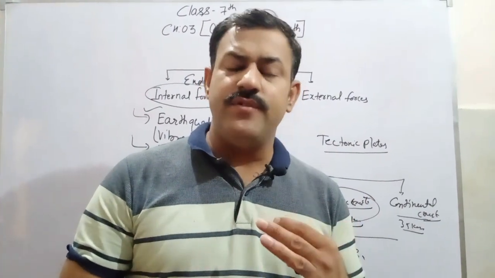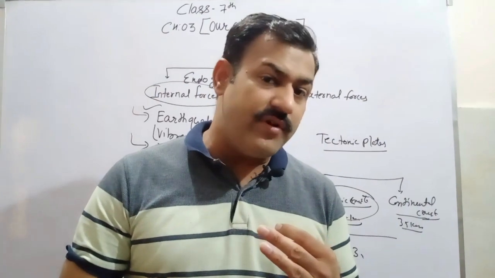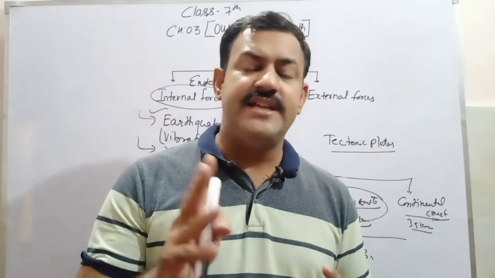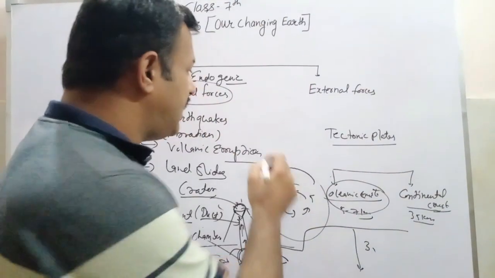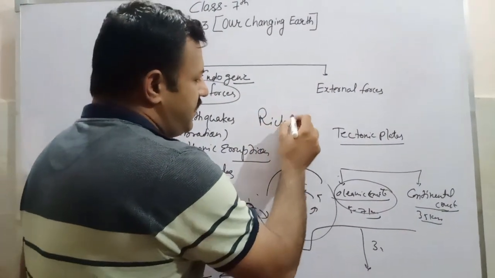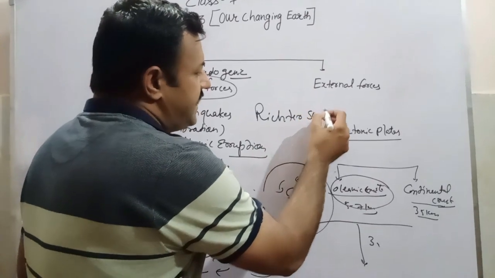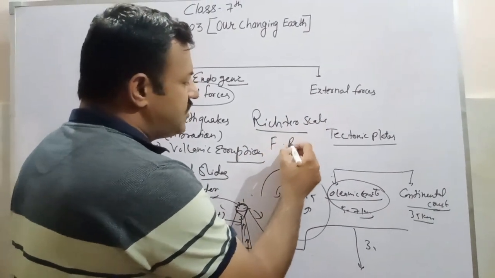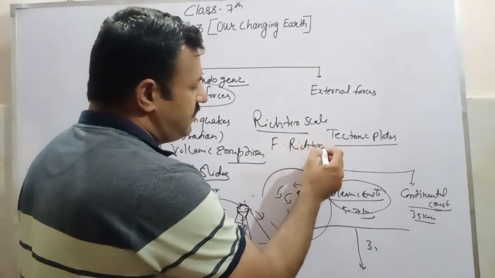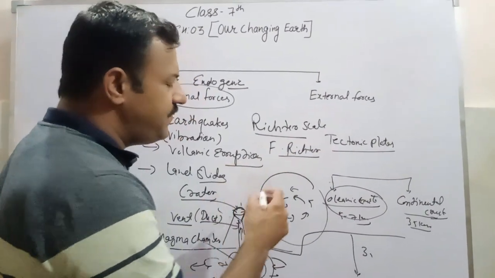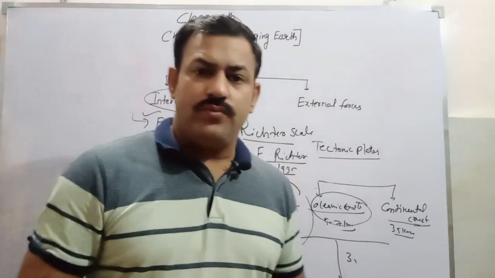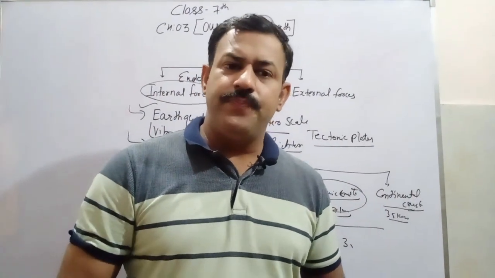The seismic waves are measured by a seismograph, and the intensity of earthquake is measured by the Richter scale, R-I-C-H-T-E-R, Richter scale. And this Richter scale was introduced by John F. Richter, an engineer, in 1935. So this is all about today's video.